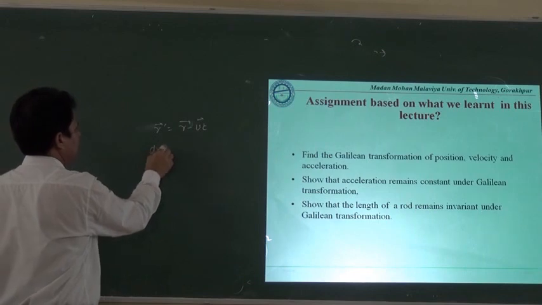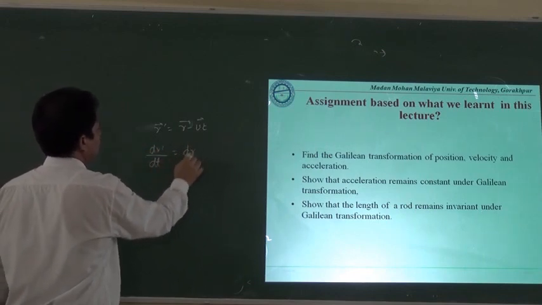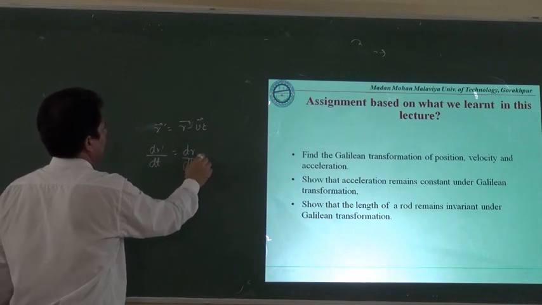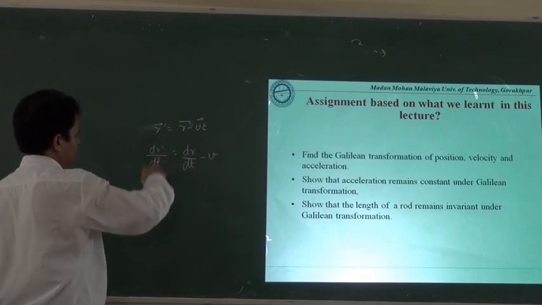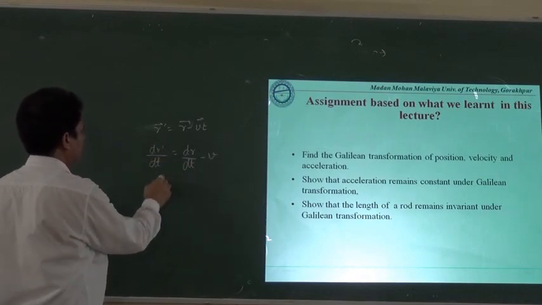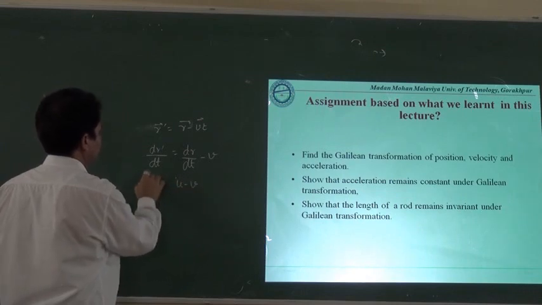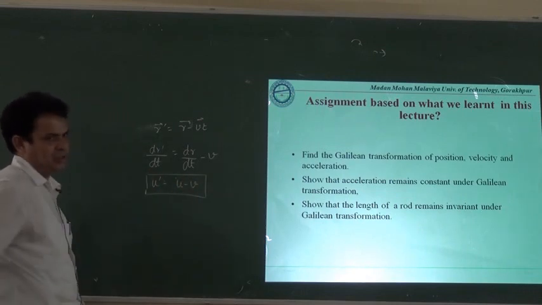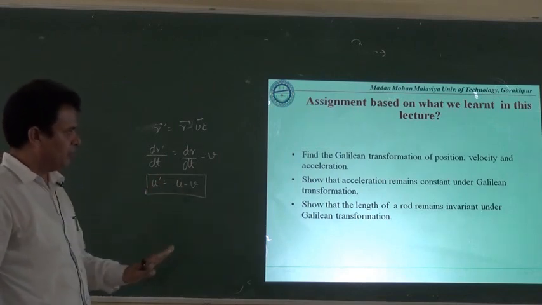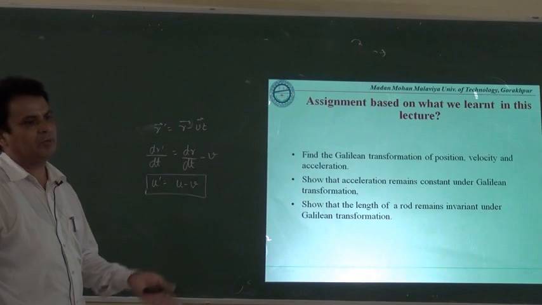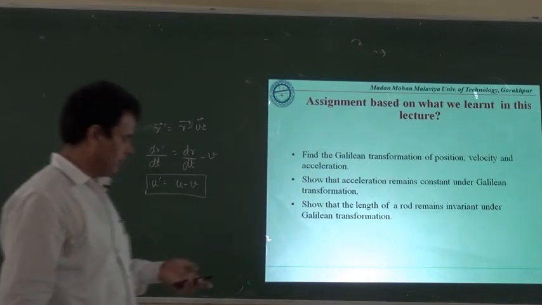Let us differentiate: dr dash upon dt is equal to dr upon dt minus v. If we stop here in the first step, then u x dash is equal to u minus v. This is the transformation of the velocity component, and it means how the velocity changes when things are observed from the stationary and the moving frame of reference.